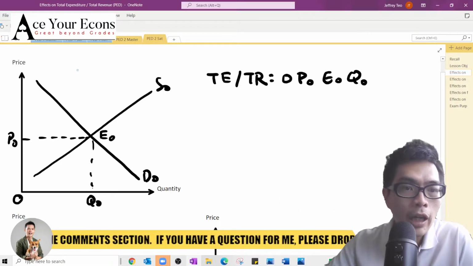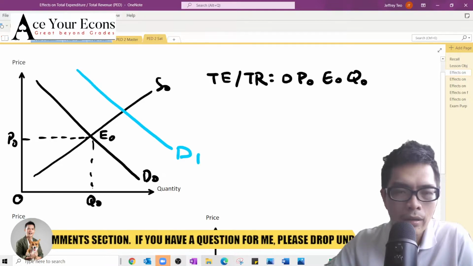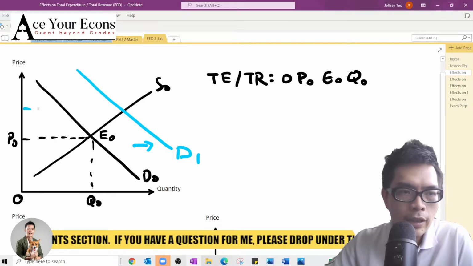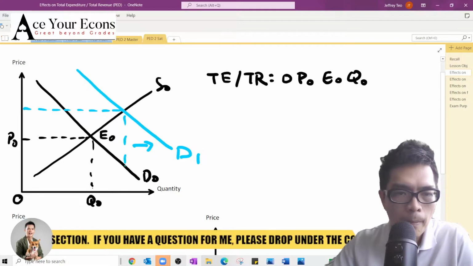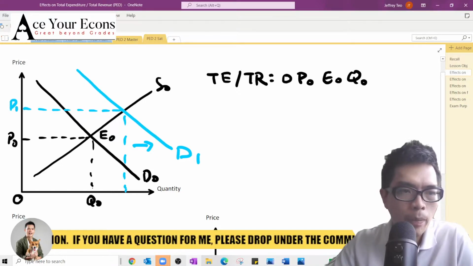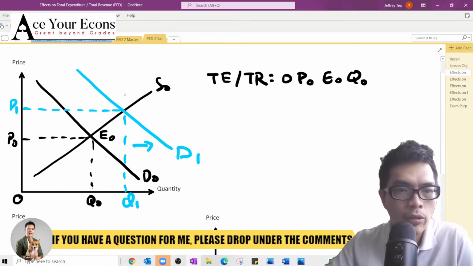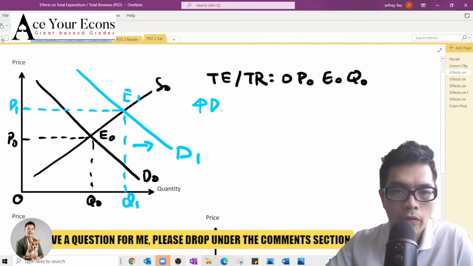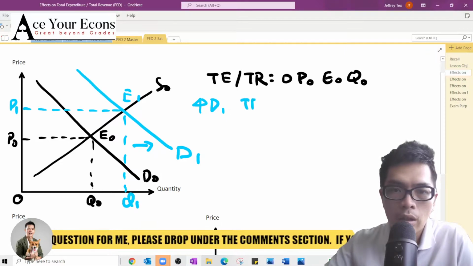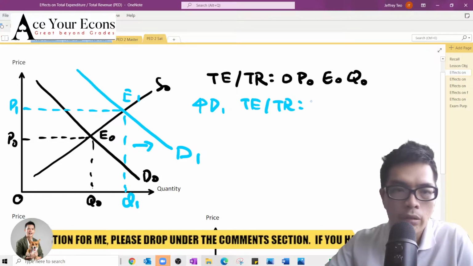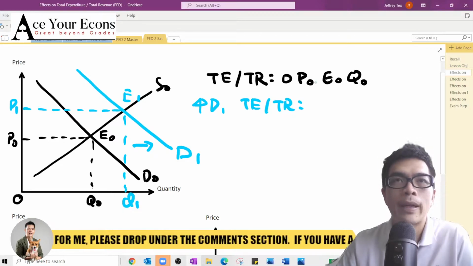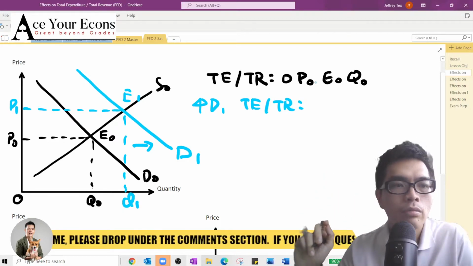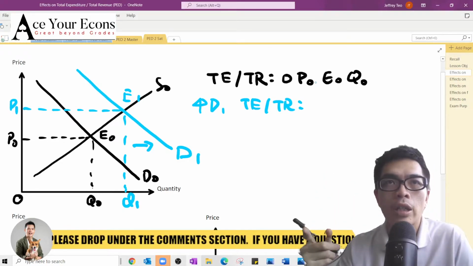So given an increase or fall in demand, you can see this. Your equilibrium price and quantity will go up, right? So with an increase in demand to D1, can you all tell me, did your total spending and your total revenue go up or go down? Type it out quickly.